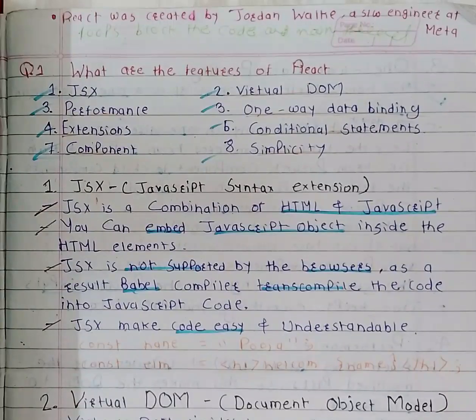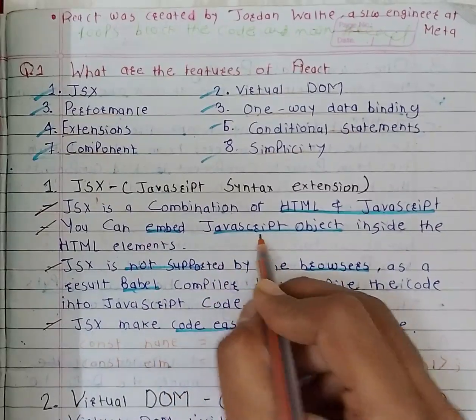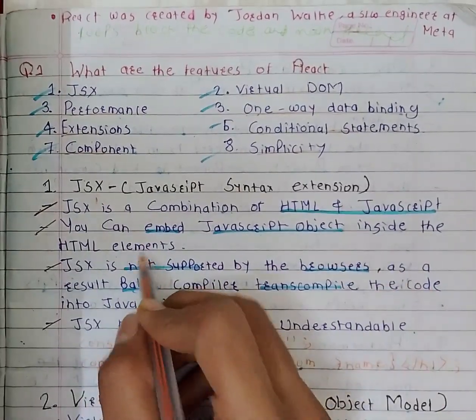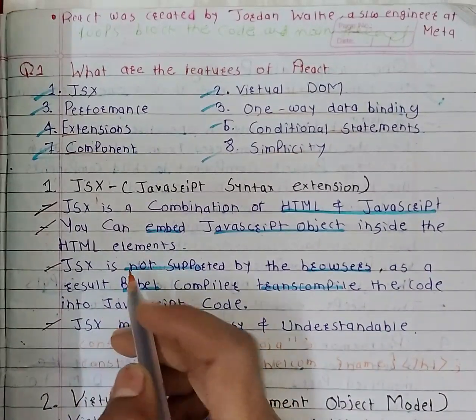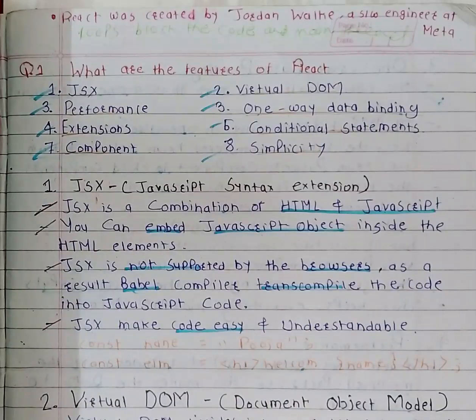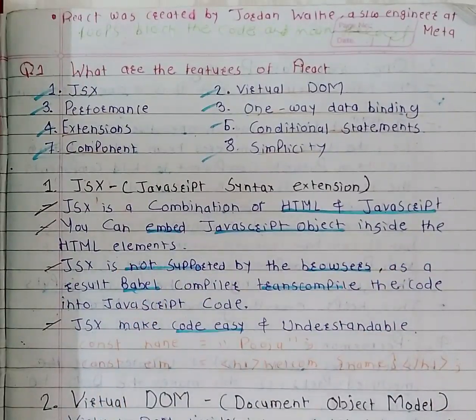With the help of JSX, you can embed JavaScript objects inside HTML elements. So what does React do? It uses JSX, and JSX gives us access to embed JavaScript objects inside HTML elements and makes it simpler.